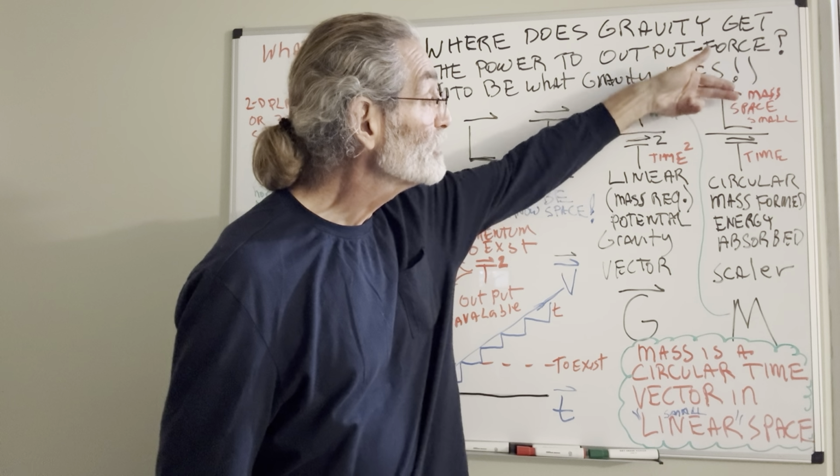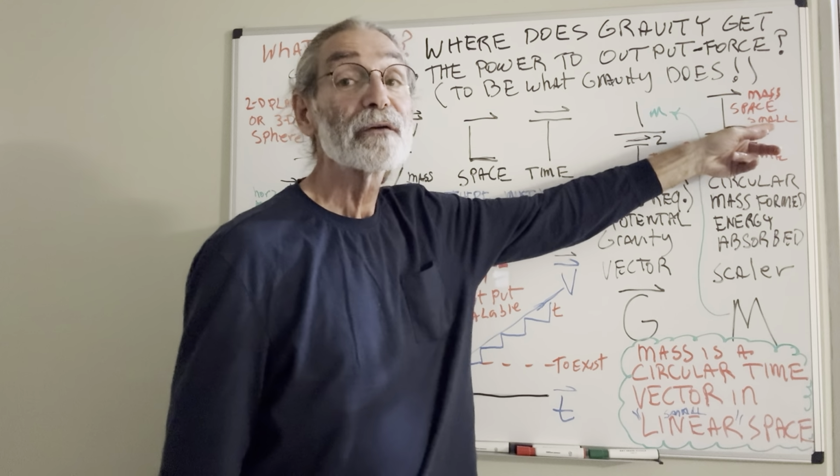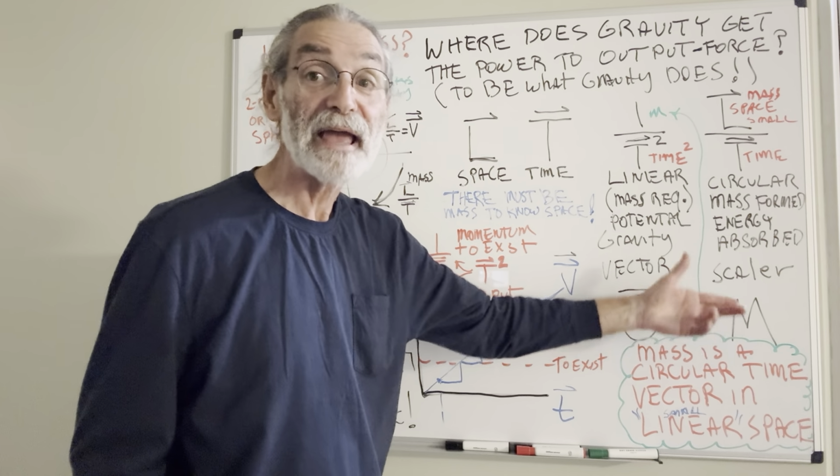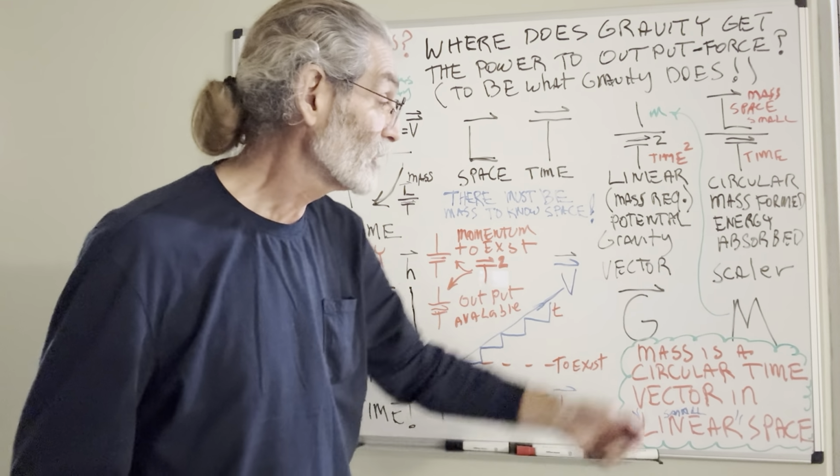Mass is space in a very, very, very small area, and time in relation to space becomes a velocity, and this velocity is circular. It forms the mass, and because it's circular, as we know what atoms are, it absorbs the energy, and it's a scalar. It's not giving off the energy because it absorbs all the energy to maintain its status as a mass.